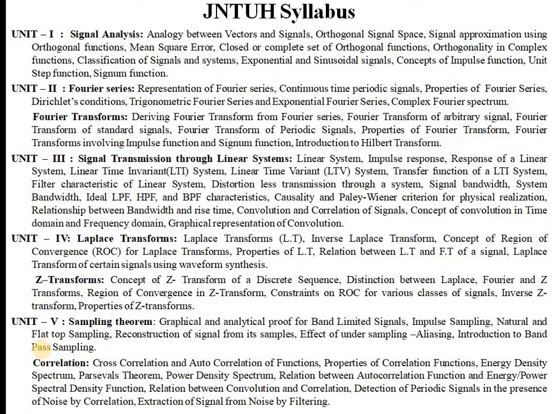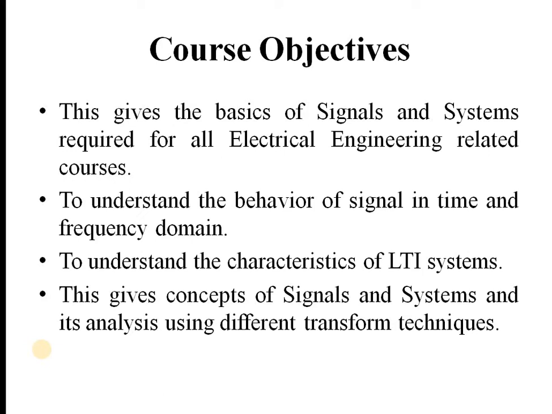Okay, and coming to the course objectives, this course is intended to give basic information about signals and systems that is required for studying many electrical engineering related subjects. This also helps us understand the behavior of the signal in time as well as in the frequency domain.